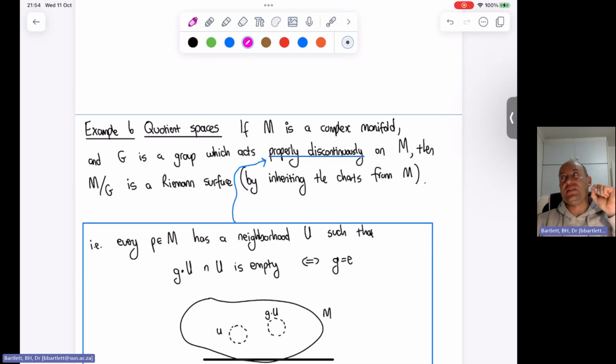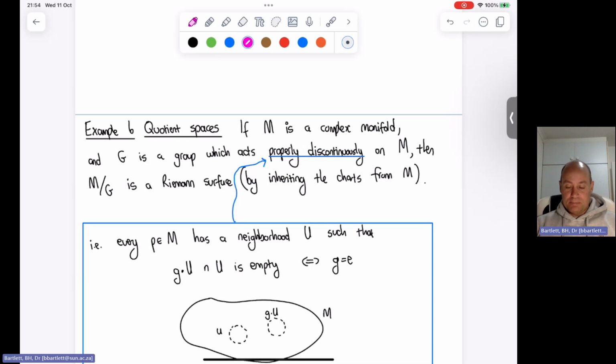Clearly, if you're hitting U with the identity, then you're not going to move U at all. But what we demand now is that if you don't hit it with the identity, then you move completely away, so you have no intersection with the open set you used to have. So you must be able to find such an open set.